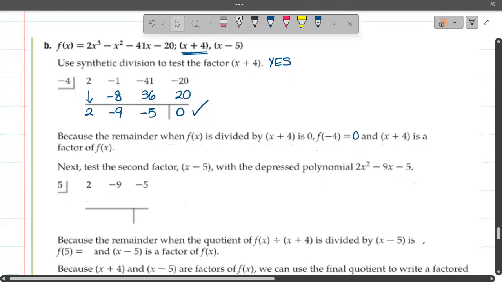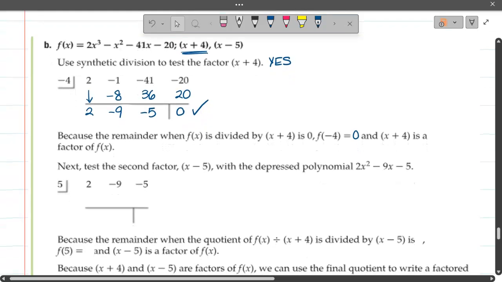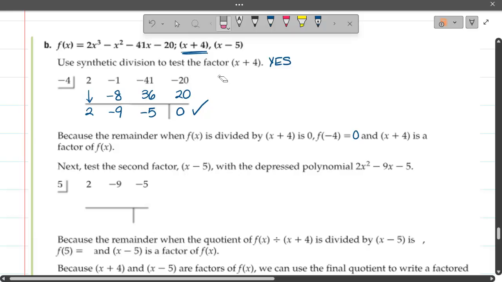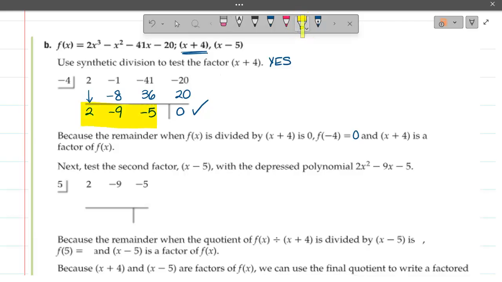Notice what we've done going to the next one. If the first one works, we do not need to go back to our original coefficients here. We can simply take our depressed polynomial here and use those as our coefficients. It gives us 3 columns instead of 4 columns. So that's going to be a time saver. And we always want to be very efficient.